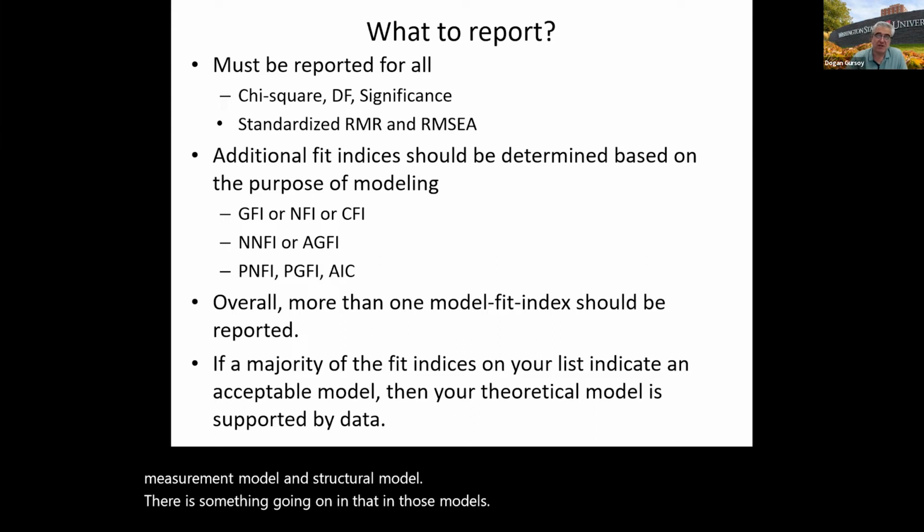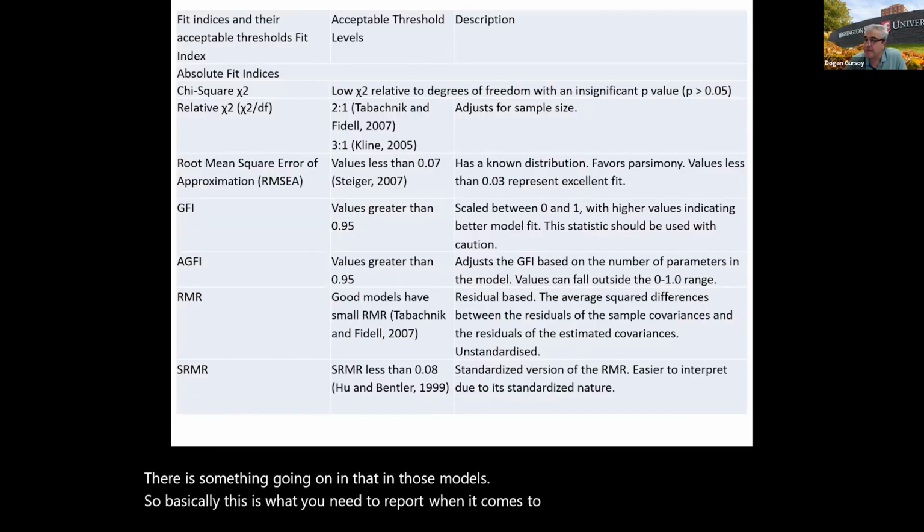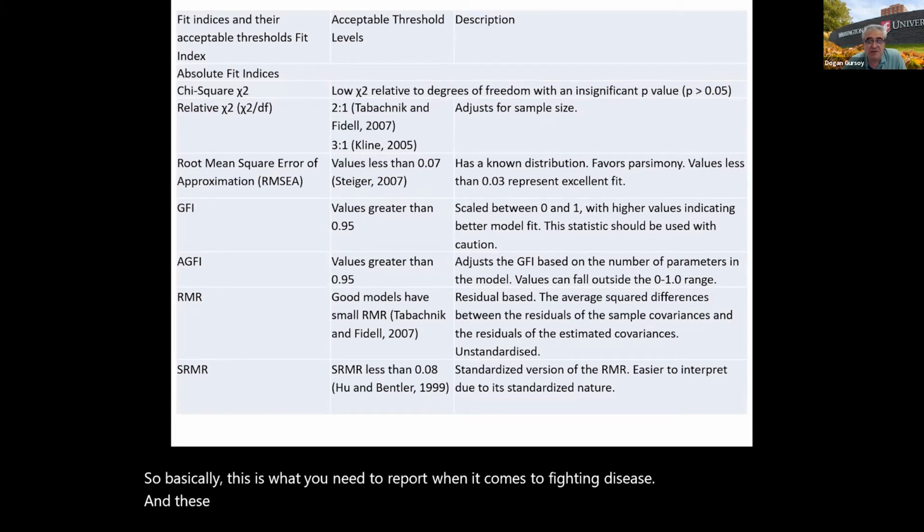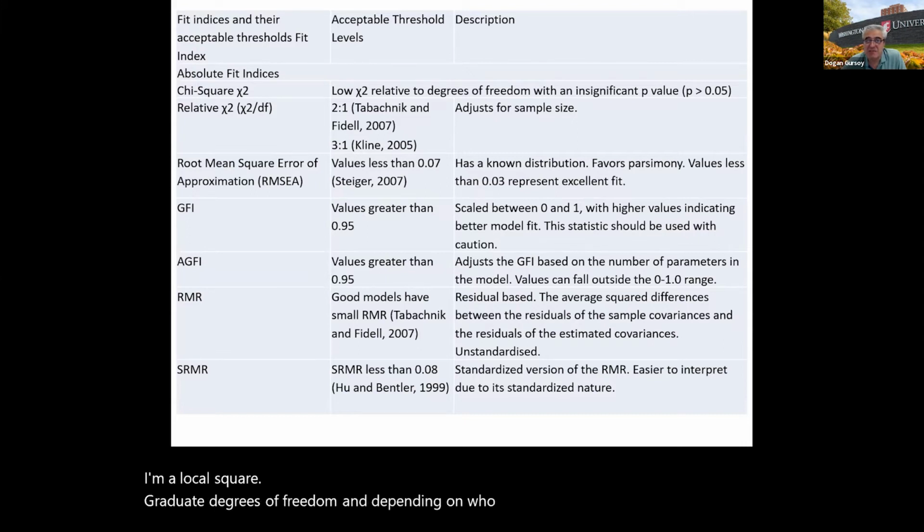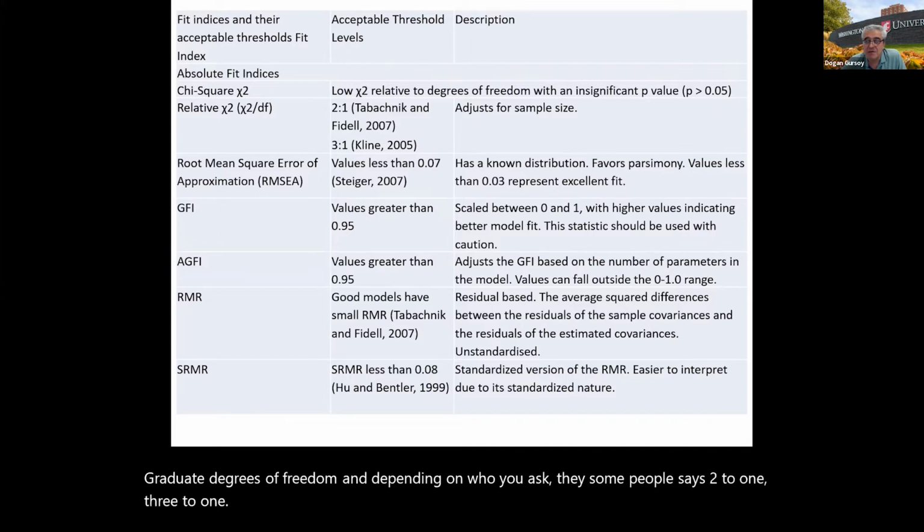So basically, this is what you need to report when it comes to fit indices. And these are some of the basic overall summary. Fit indices, acceptable threshold. Low chi-square, relative degrees of freedom. And depending on who you ask, some people say 2 to 1, 3 to 1. Different people use different criteria.